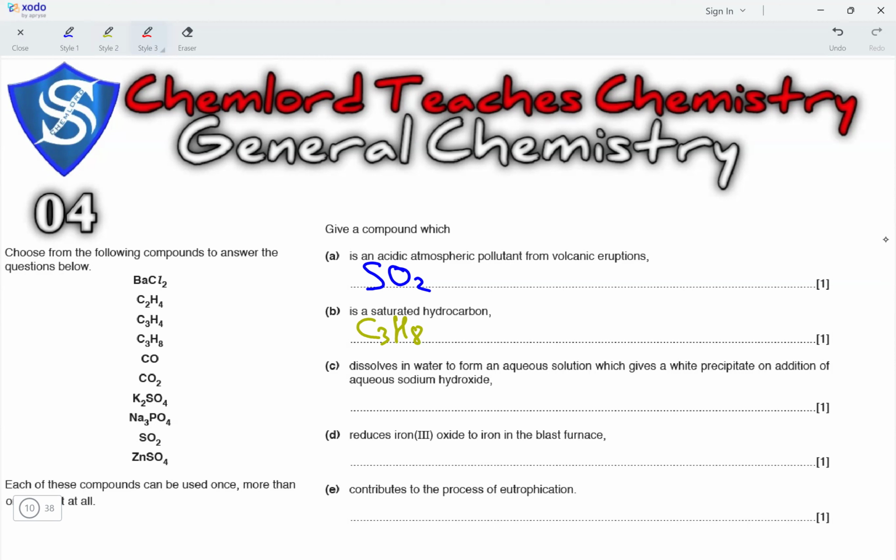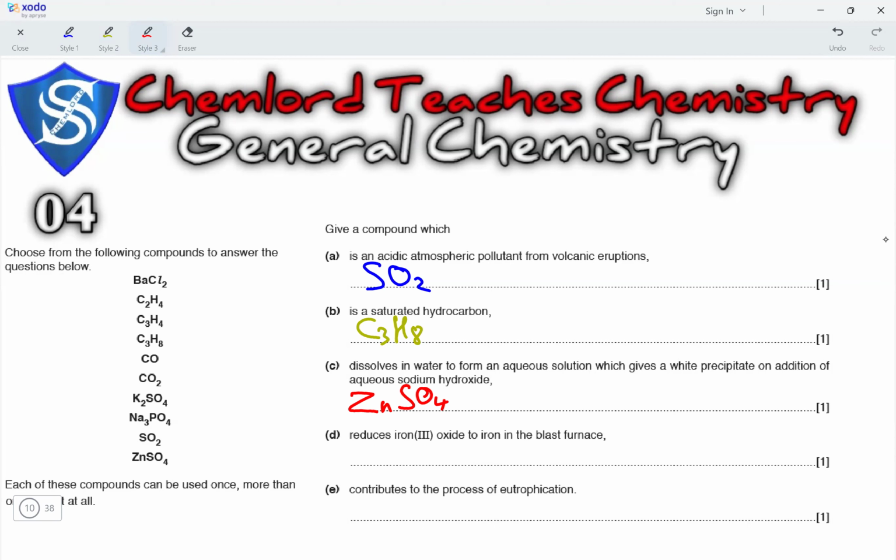And zinc hydroxide would mean that the solution is that of zinc sulfate. What we also need to remember here is that if we add NaOH in excess, then the zinc hydroxide formed would once again dissolve and a colorless solution would form. But that is the only soluble salt that would form a white precipitate on addition of sodium hydroxide. So the answer here is zinc sulfate.